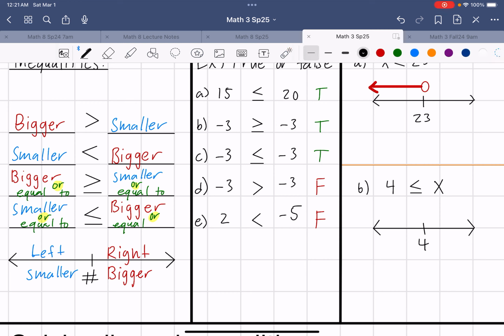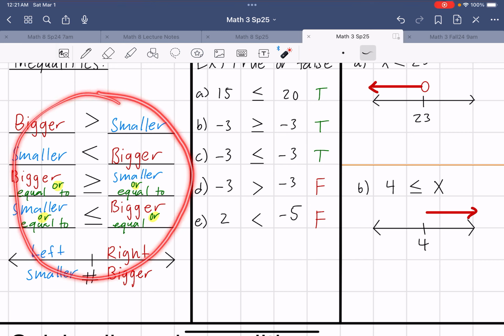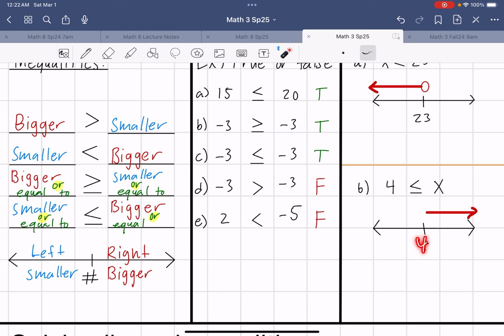And we know the numbers that are bigger than 4 are on the right side of the graph. And that is different than what the direction of that inequality symbol is pointing. That inequality symbol is pointing to the left, but my true solution is on the right side. So I'm not basing it off the direction. I'm just basing off the statements that we have. The open side's bigger, the closed side is smaller. Numbers that are smaller than 4 are on the left, numbers that are bigger are on the right.